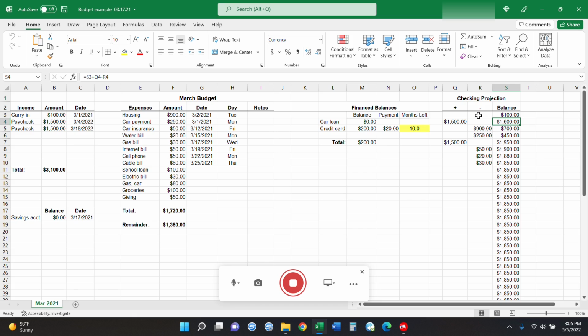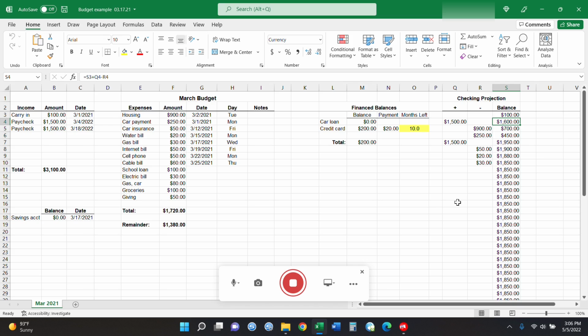And then we also have a minus or a debit column, okay, for the money coming out. And so we subtract that out next, and then that gives us our new balance that we see there. In this case, we're putting in a $1,500 paycheck, which you can see makes perfect sense. If you go back over here to the income section, you'll see, oh yeah, there's a $1,500 paycheck on the 4th. So that's one of the first transactions hitting this account.